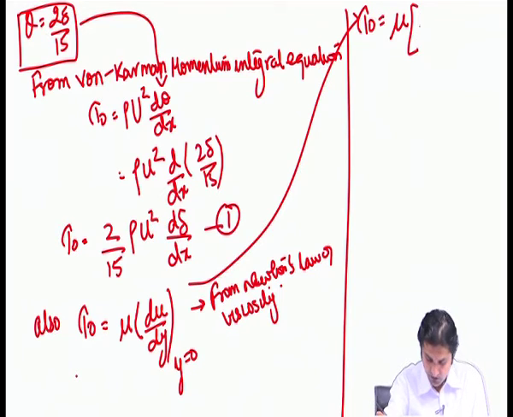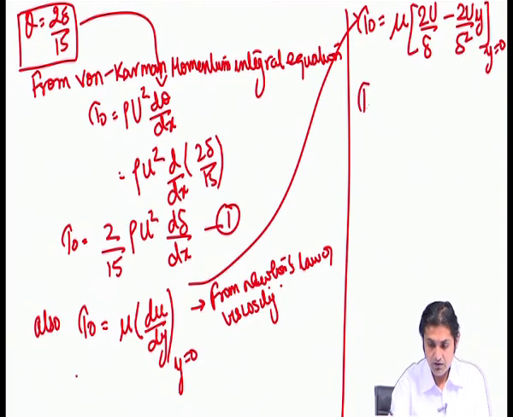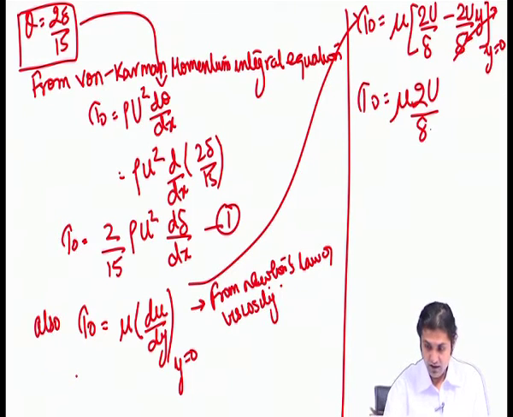So it will become 2 capital U by delta minus 2 U by delta square into y, at y is equal to 0. So this term will go away, and when we substitute, it will be mu times 2 U by delta. This is equation number 2.